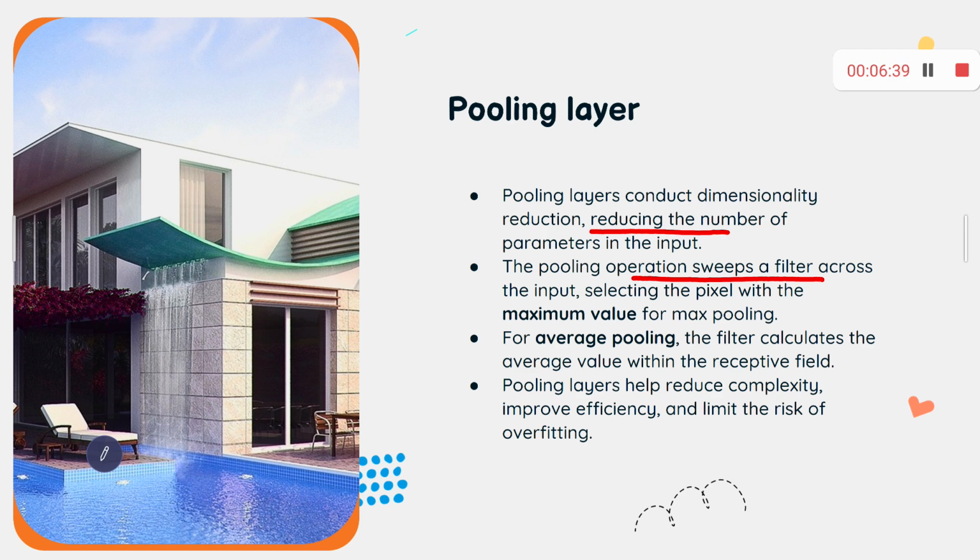It is just a simple calculation based on the maximum value or the average value out of the array, giving some number in the output feature matrix. So those find the final output. That process of reduction of dimensionality is called pooling.